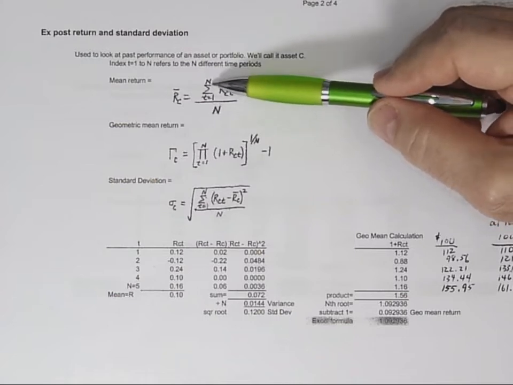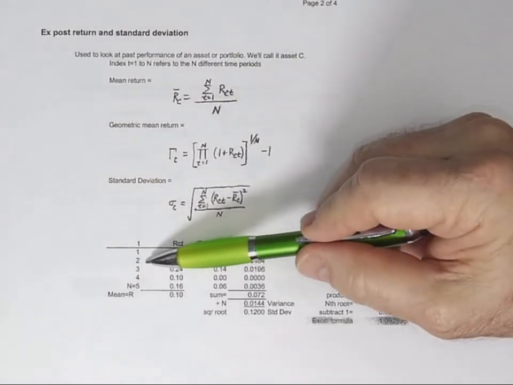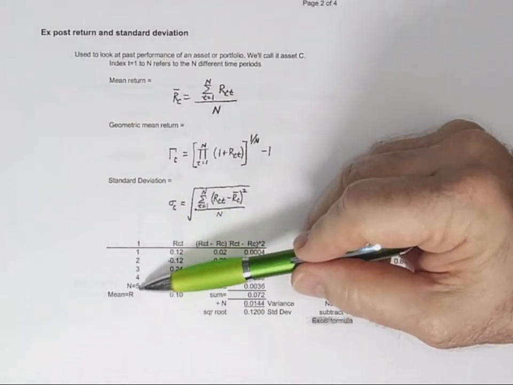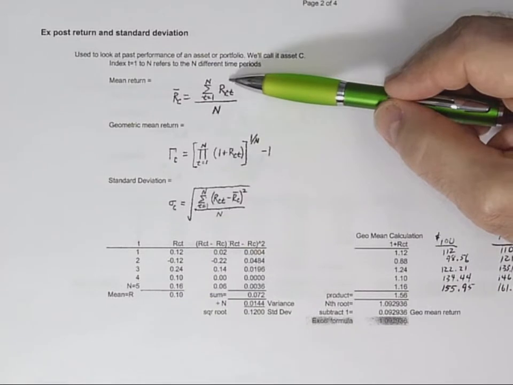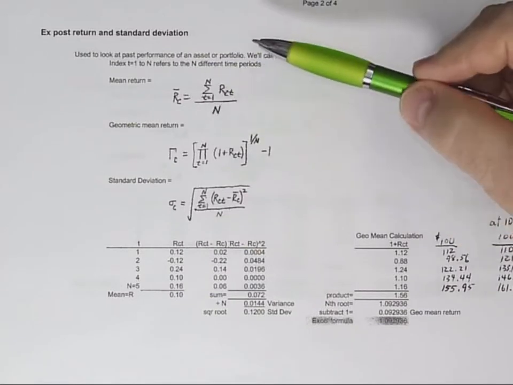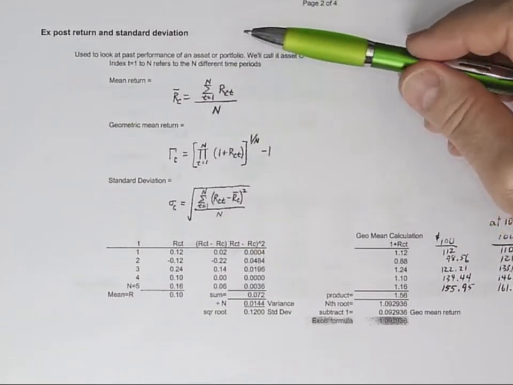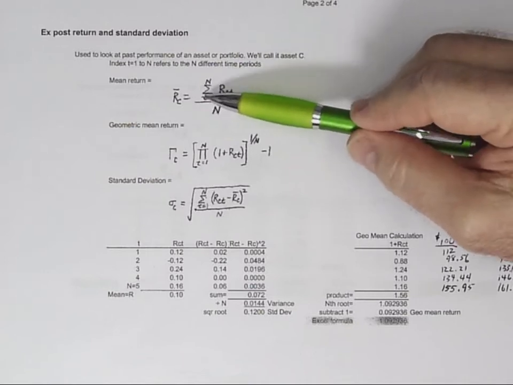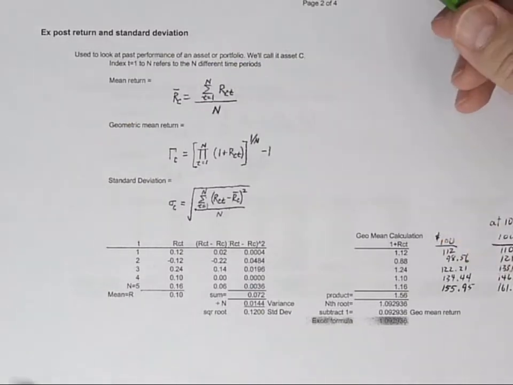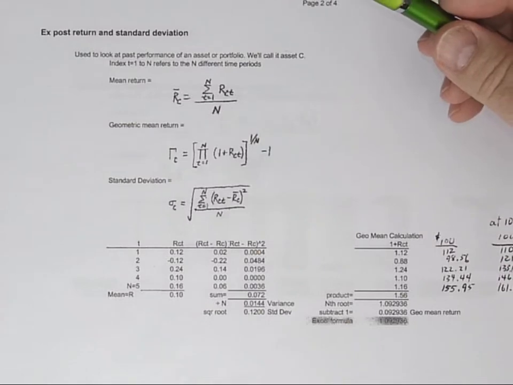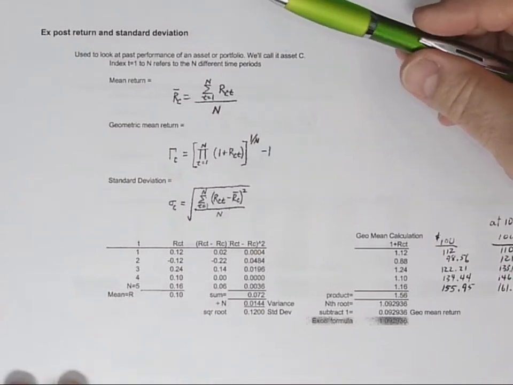And we go to time n. In this case we're going to have 5 periods, so it's time 1 to time 5. And this says exactly what you did in 3rd grade to calculate the average. Add them up, divide by however many there are. That's all there is to it. That is our arithmetic mean return.